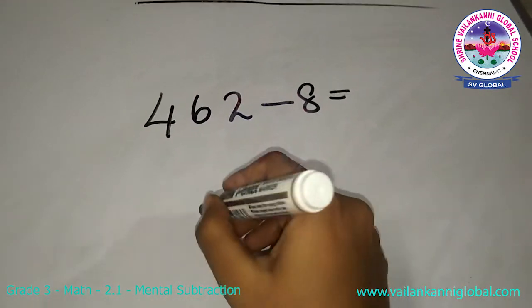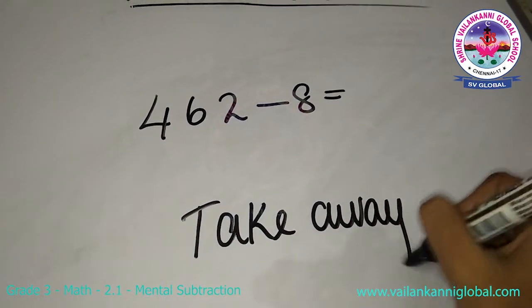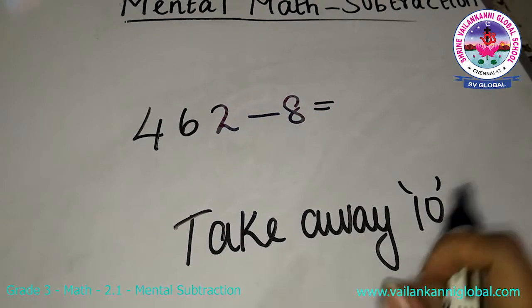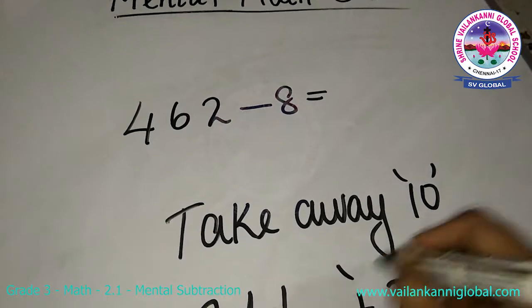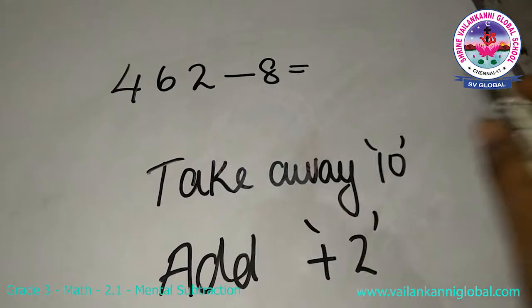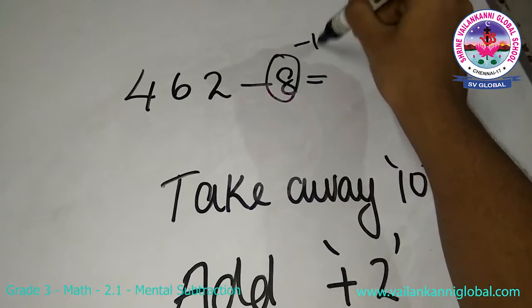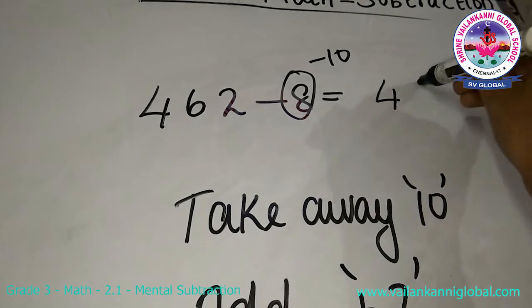First we have to take away 10, because we have to find the nearest 10. So we take away 10 from this, and the next step is we add 2 to it, plus 2. So how are we going to do it? 462 minus 10, to make it easier, becomes 452.